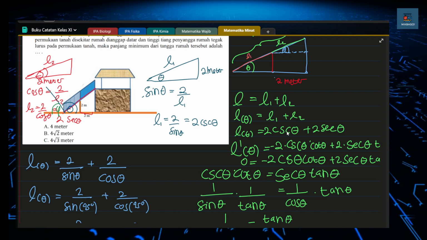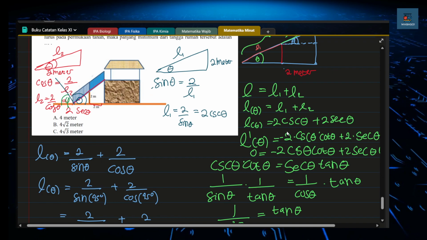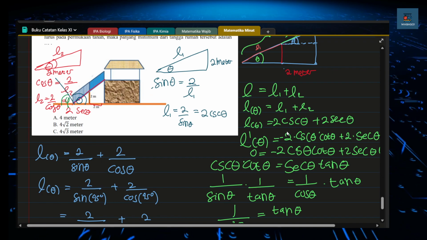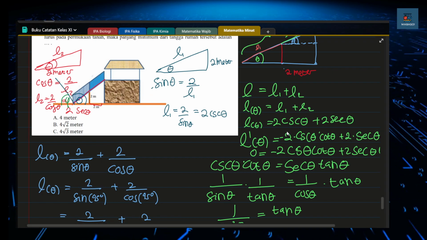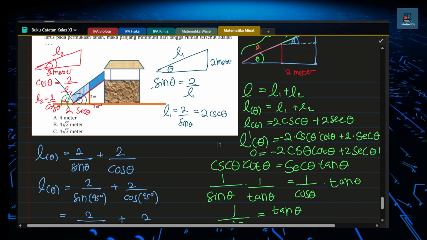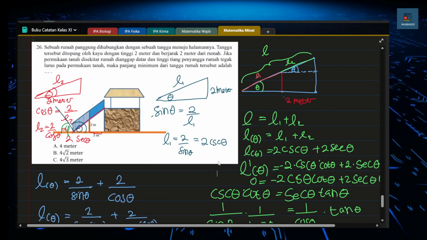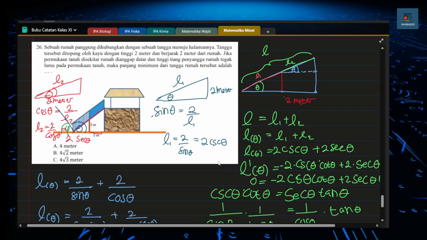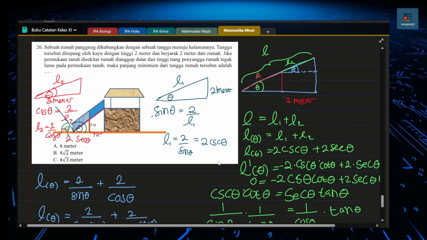Cosecant and secant, but you have to remember it for the sake of completing this question. I think the part that makes it difficult is finding the function for this particular applied problem.